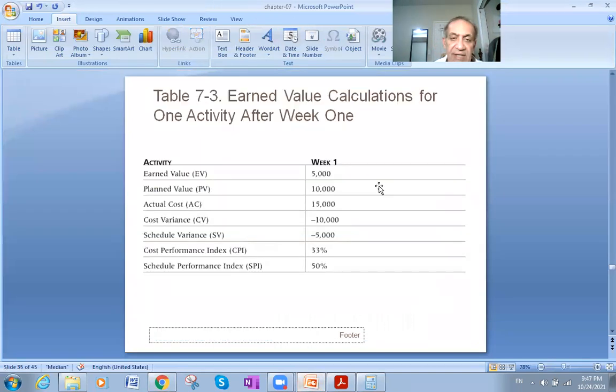This is here another example: earned value 5,000, planned value 10,000, actual cost 15,000, cost variance: the earned minus the actual cost will give me minus 10,000, schedule variance minus 5,000.